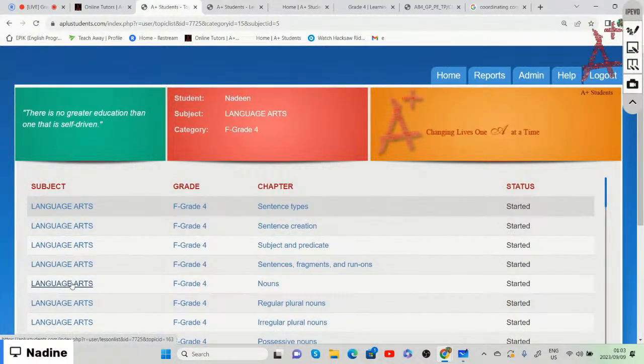Once we go to grade 4, you're going to scroll down until you get to the chapter of coordinating conjunctions.